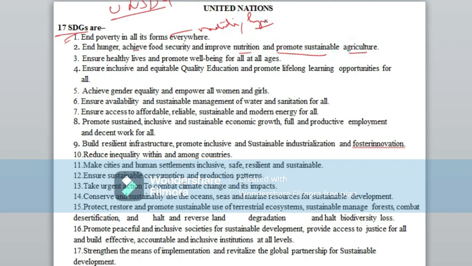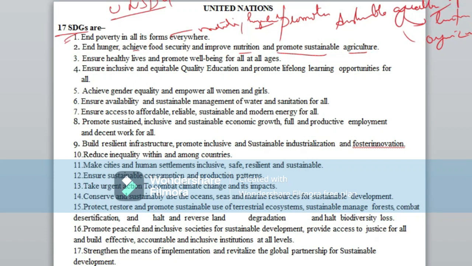It reduces hunger and promotes sustainable agriculture. That agriculture should use fewer fertilizers, use organic farming, and the cutting of trees should be prohibited.